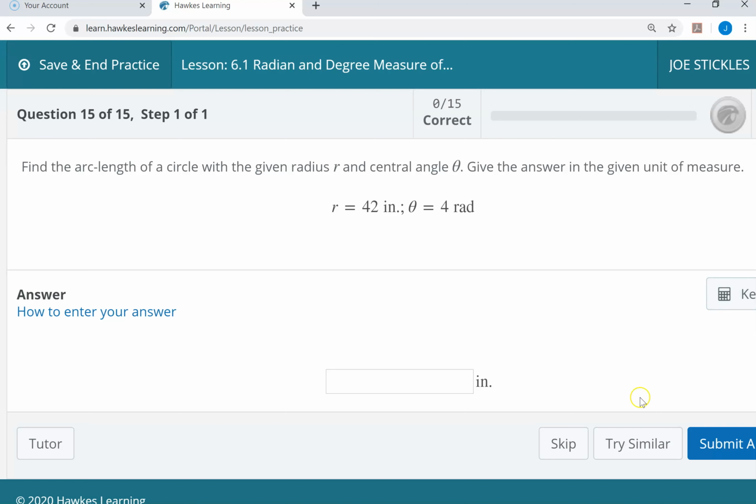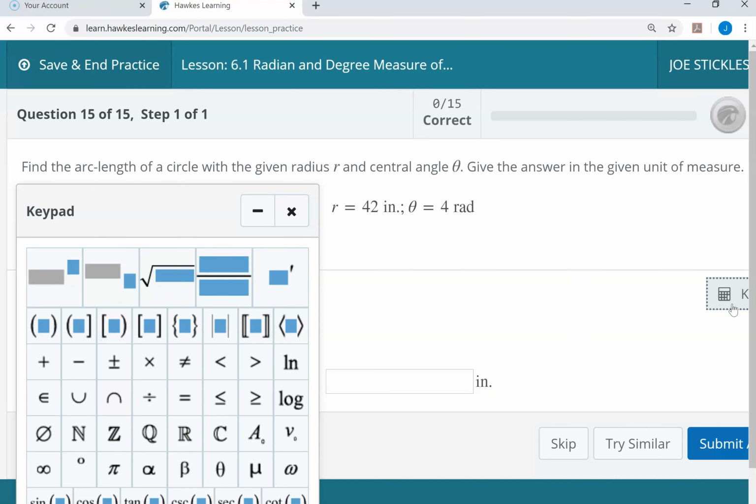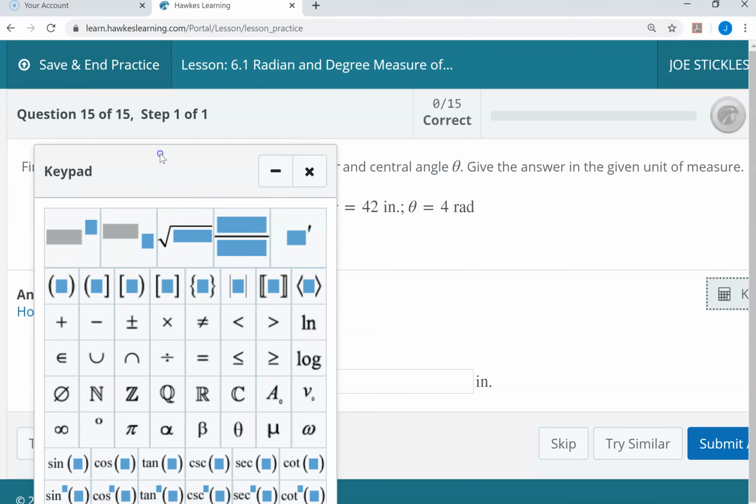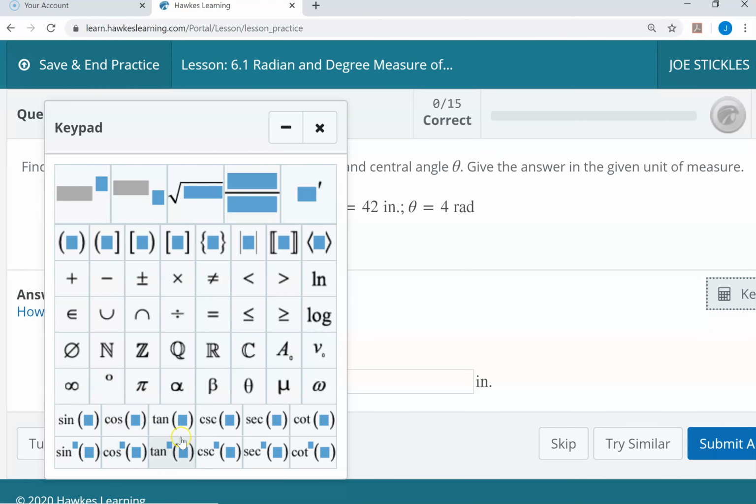Over here off to the right, which since I zoomed in so far you can't really see, you may need to pull up the special keyboard, and you may have done this in other classes as well. Pi is down here at the bottom. And also notice, of course, we're doing trig, so we'll be doing things with trig functions. At the bottom here, you've got the different trig functions that you can enter. So you'll need to make sure that you use that keypad to get these other things in there.